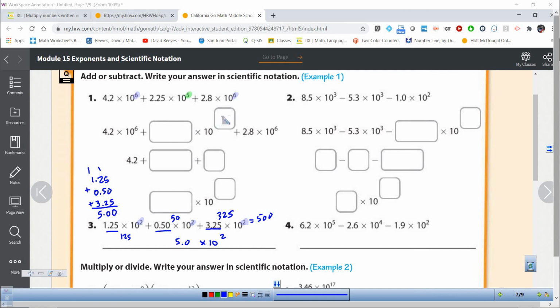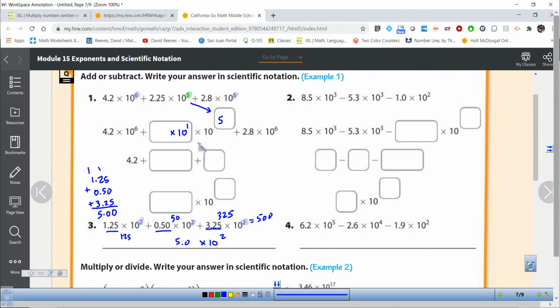So this is going to be 10 to the 5th. Now, 2.25. What do I need to get 10 to the 6th? I need to multiply by 10 to the 1st. Do you agree that 10 to the 1st times 10 to the 5th is 10 to the 6th? I hope you agree. But I just made this 10 times bigger, so this one has to get 10 times smaller.